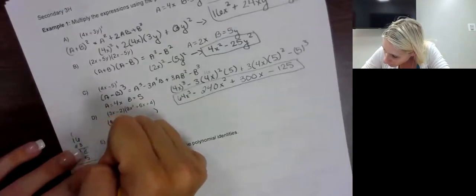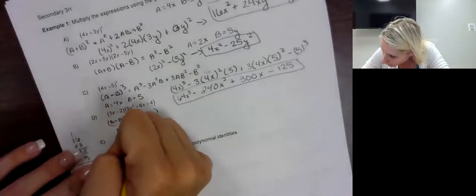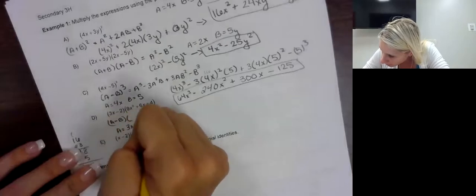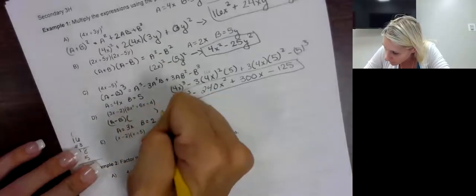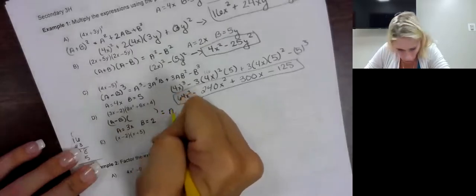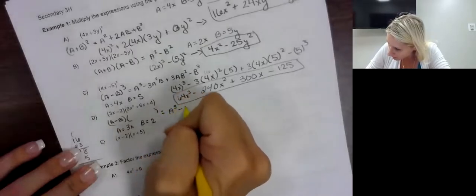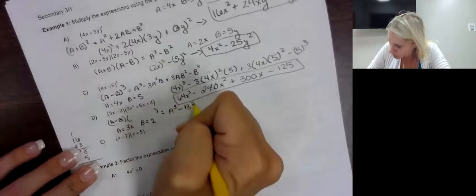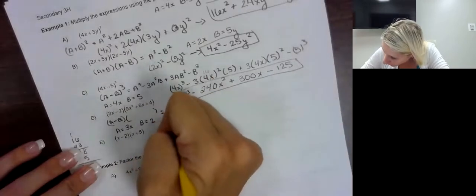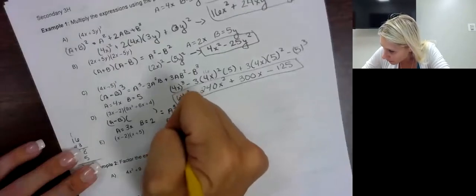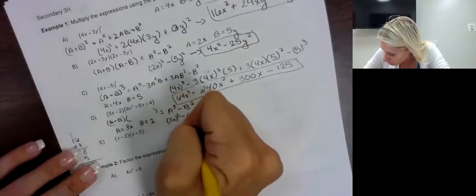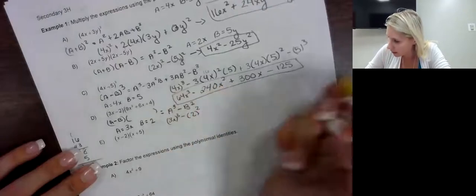Okay, so A equals 3x, B equals 2. Now, according to the identity, right, it was A cubed minus B cubed. So when I substitute in, I get 3x cubed minus 2 squared.